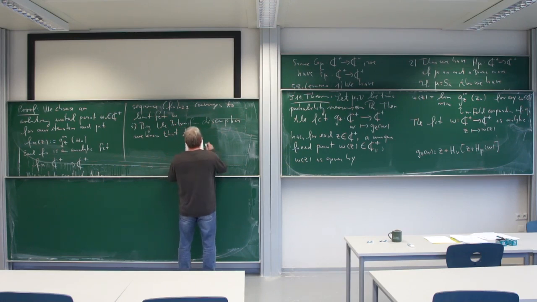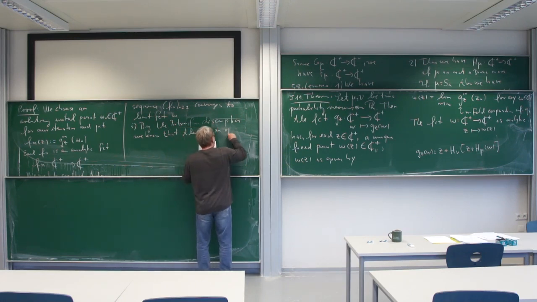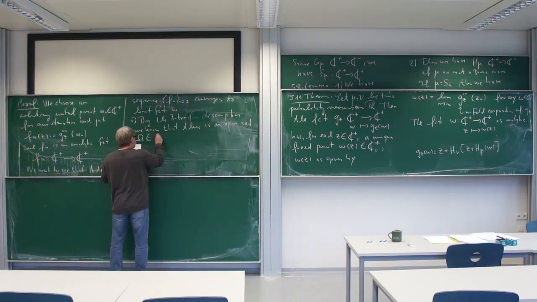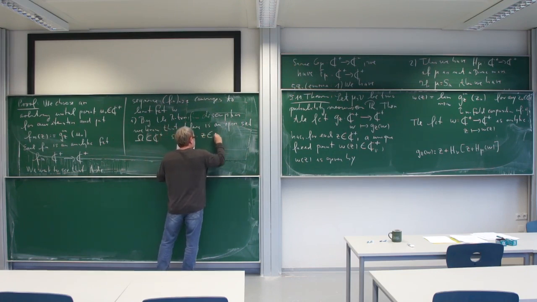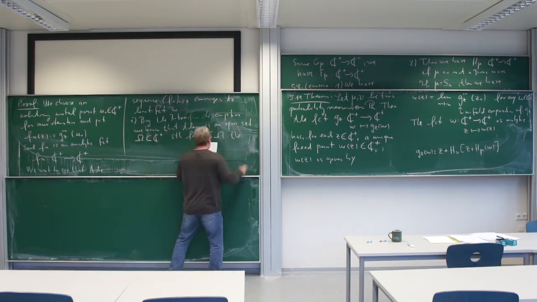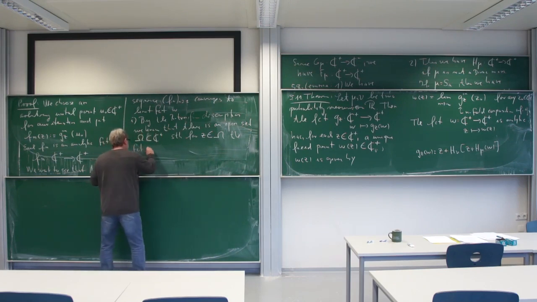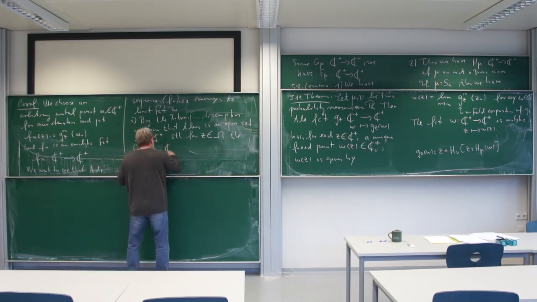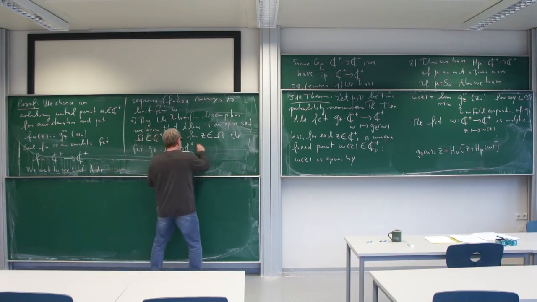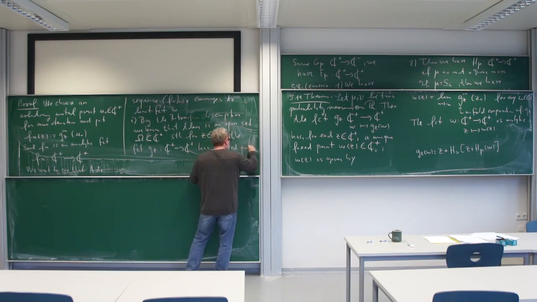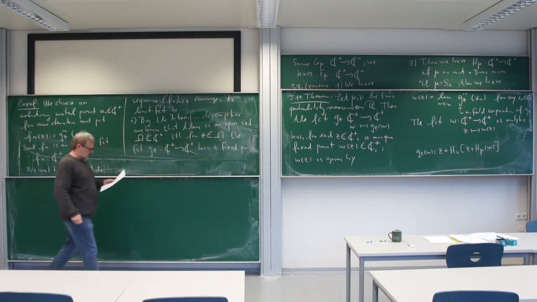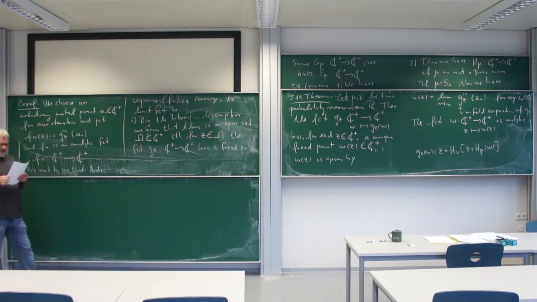So we know that there is a set omega in C plus, a subset of C plus, such that for the z in this set omega, the function g from C plus to C plus has a fixed point. Okay, so we have a solution for the fixed point equation.